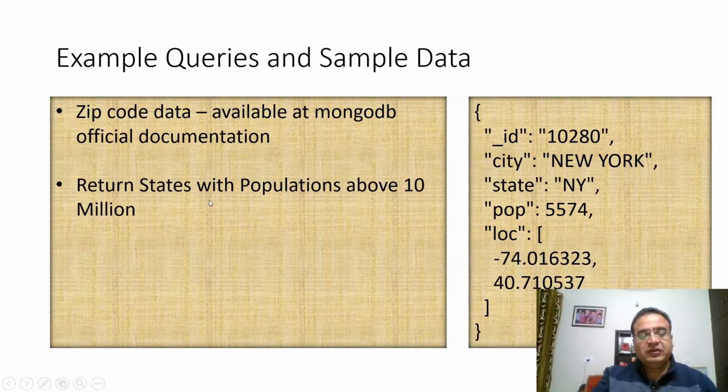Now moving on. The first query is: return states with populations above 10 million. Using this collection, where we have data similar to this, city, state, population, we have to find out states with population above 10 million.